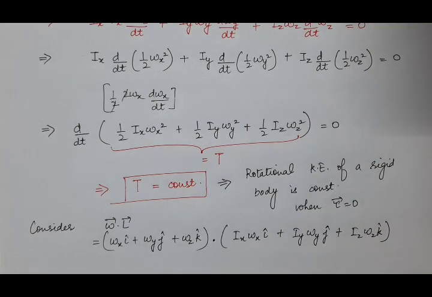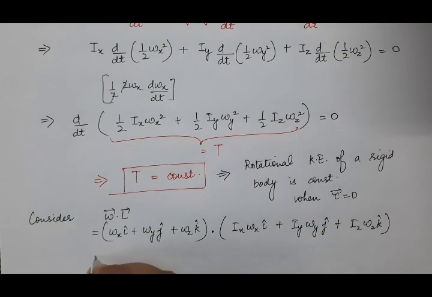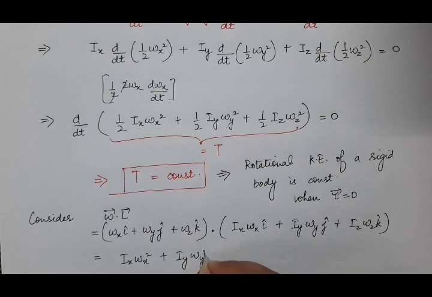So taking the dot product, i dot i will be 1, j dot j will be 1, k dot k will be 1, and i dot j, i dot k, all of these will be 0. So omega dot L will come out to be Ix omega x square plus Iy omega y square plus Iz omega z square.